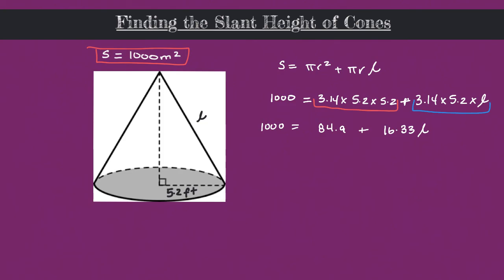Now remember, our goal is to find the slant height, so our goal is to isolate the L on one side of our equation. In order to do that, I'm going to look at the side that my variable is on and see how I can manipulate this equation to solve for that variable. Well, the first thing I'm going to do is remove the 84.9 because it's not attached to the L, but it is a hindrance to my goal.